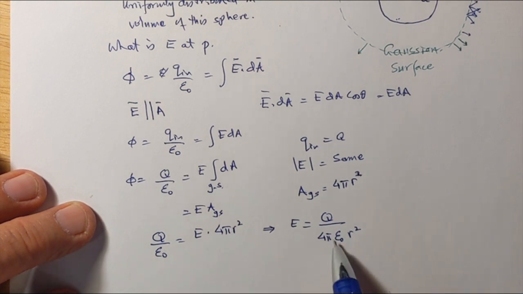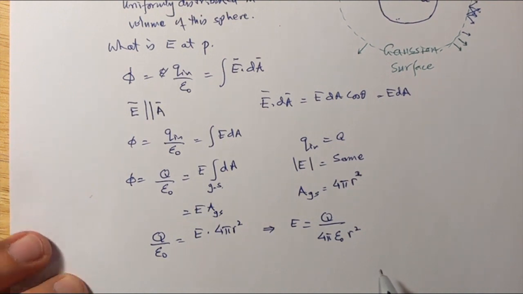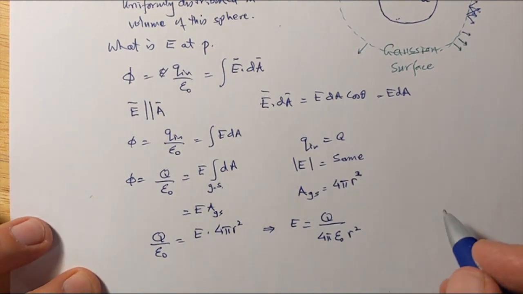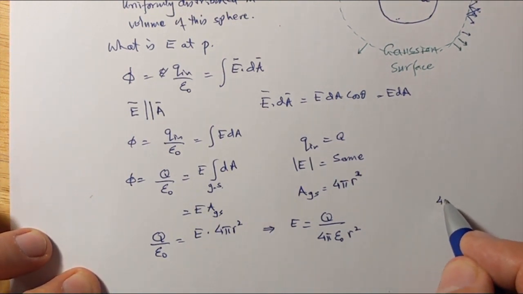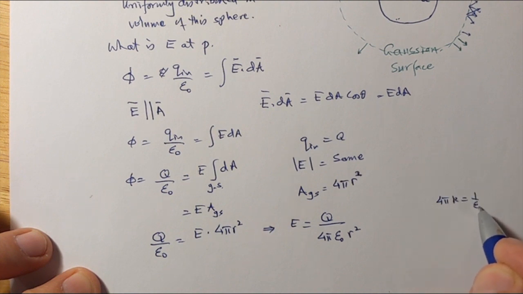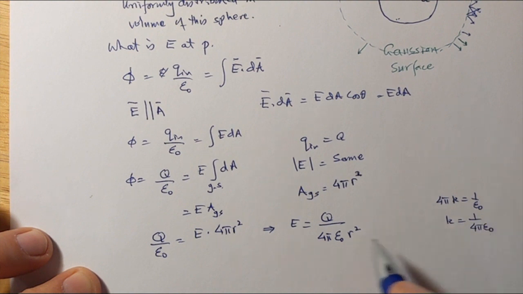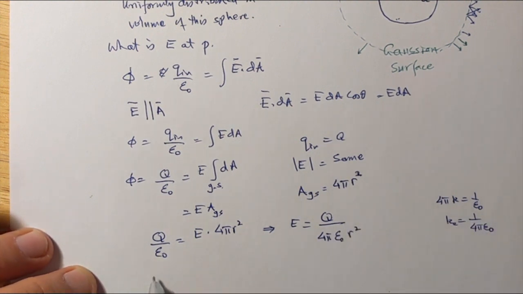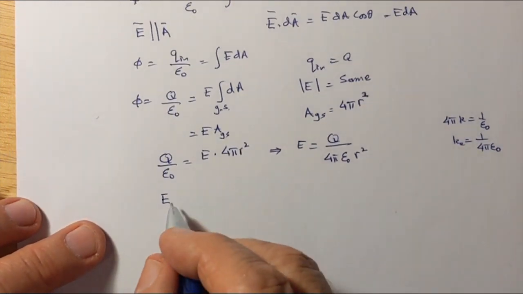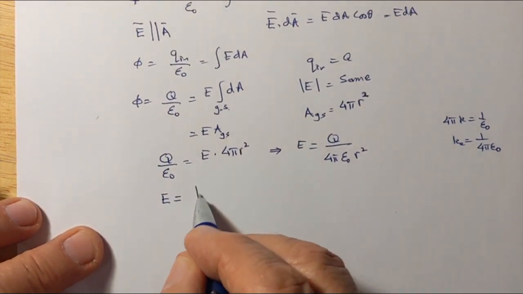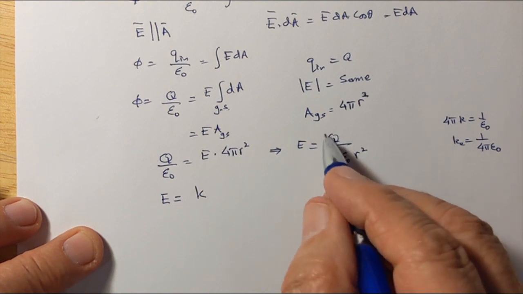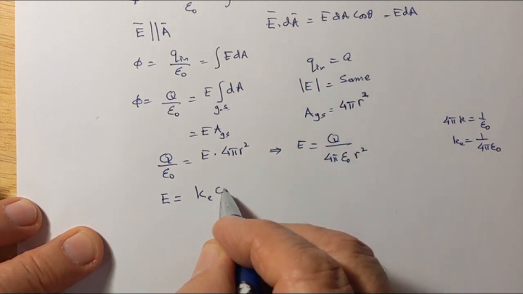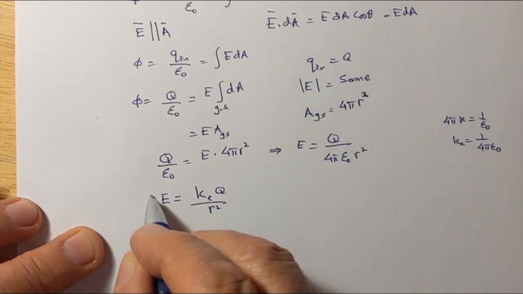I brought it down and wrote it like this. And now we know again that 4 pi K is 1 over epsilon naught, or K is 1 over 4 pi epsilon naught. So we replace this with K, and therefore the electric field becomes equal to K Q over r square.